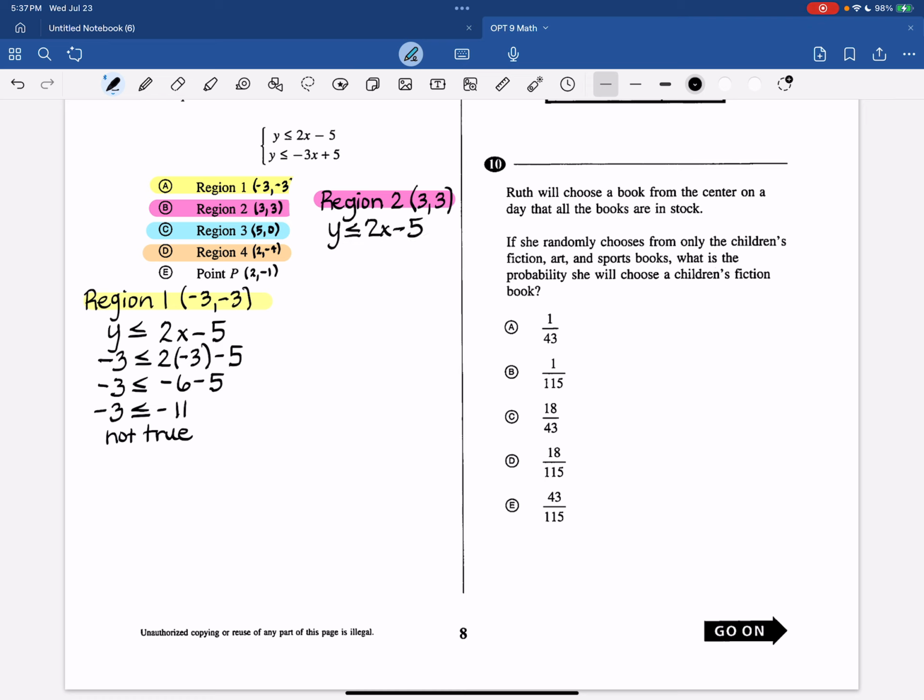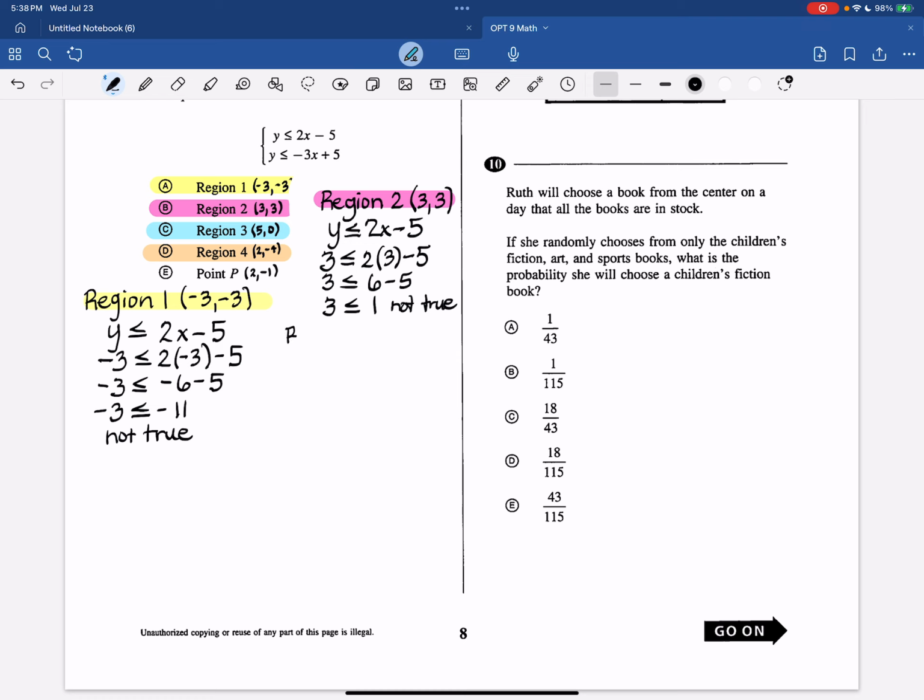And in this case, y is 3. x is 3. And don't forget your minus 5 over there. So I get 6 minus 5 on that side. And this says that 3 is less than or equal to 1. That's not true. So this is not the answer I'm looking for.